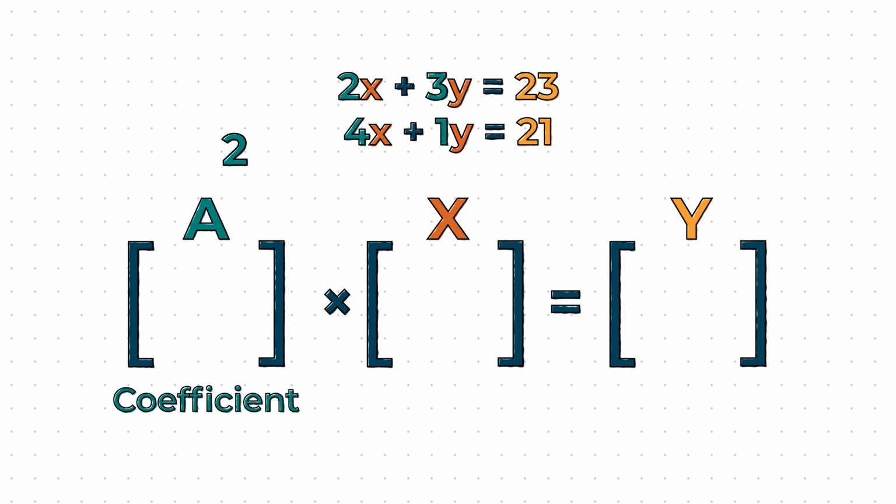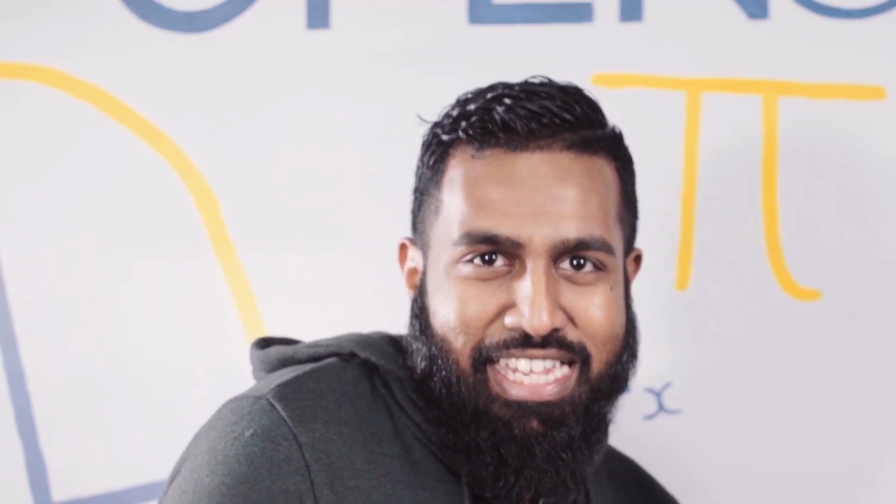I hope you remember what coefficients were, right? That would be the number before the letters. You write them just as they appear in the equation. In the top line, you put 2 and 3, and in the bottom line, you put 4 and 1. Notice how the x's line up with the x's and the y's line up with the y's.